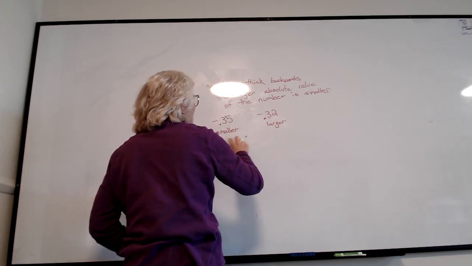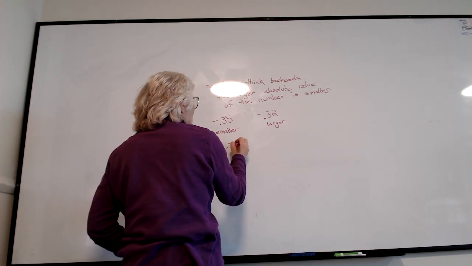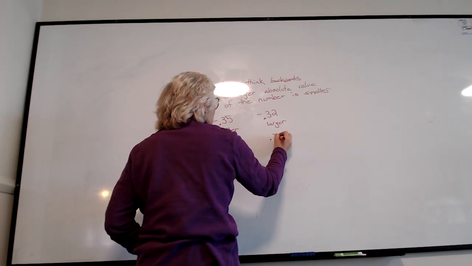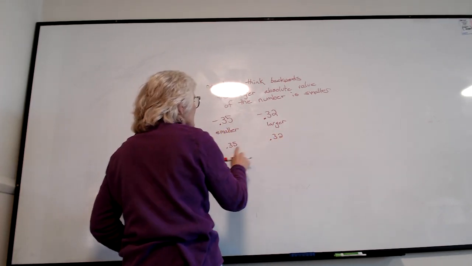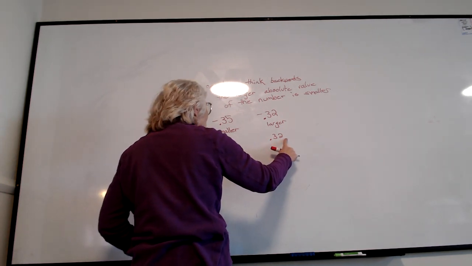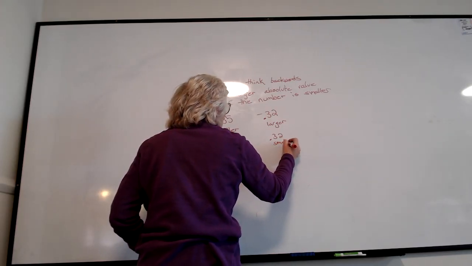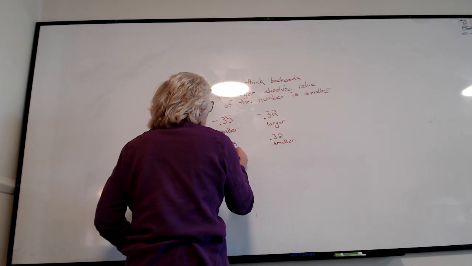So it's always backwards of what you think. If I were comparing positive 0.35 with positive 0.32, 35 hundredths is bigger than 32 hundredths. So this would be my smaller, and this would be my larger.